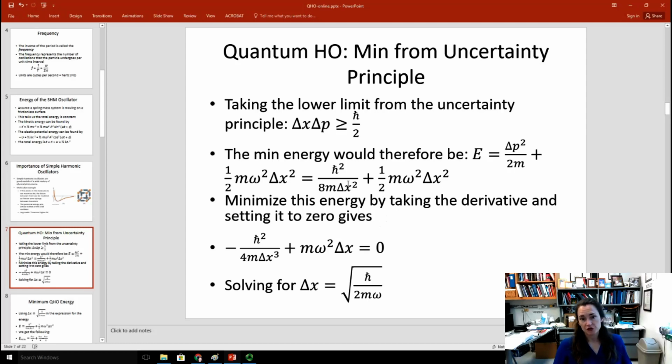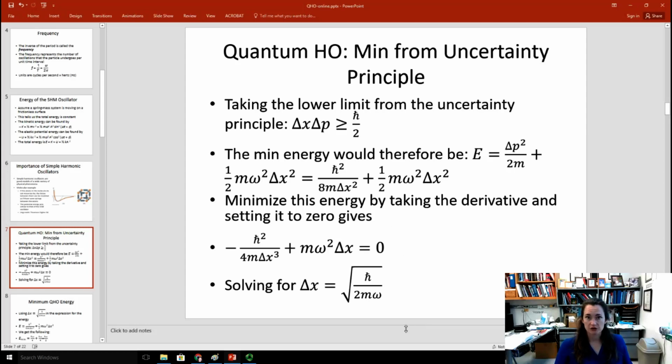First of all, we've plugged in for delta p using the uncertainty principle. So here you have delta p is greater than or equal to h bar over 2 delta x. I plugged that in for the delta p in this expression, giving me h bar squared over 8m delta x squared plus 1/2 m omega squared delta x squared. Then I'm going to minimize that function by taking the derivative and setting it equal to 0, as I've done here.